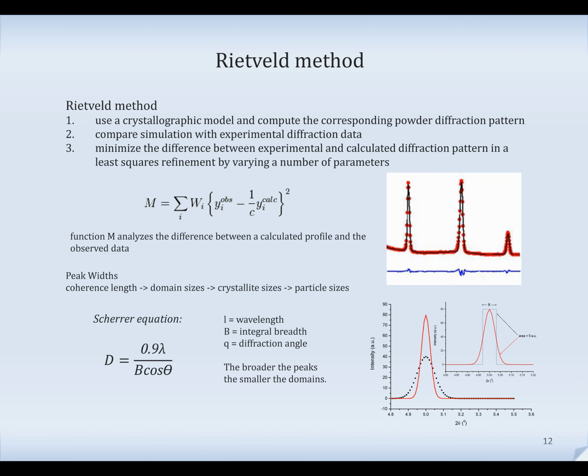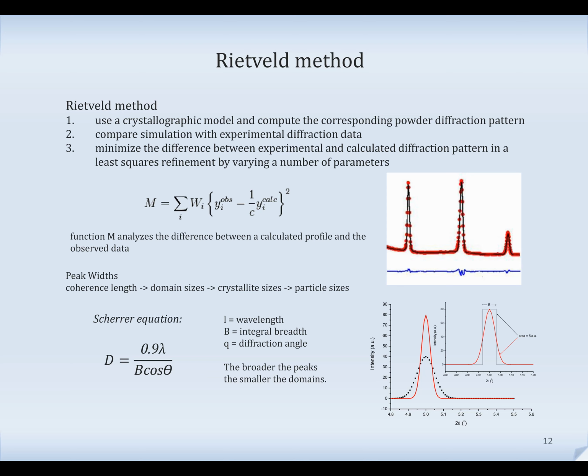So, knowing the diffraction pattern, you can get really important information about the particle size, about stresses, about some preferred orientation, and so on. I guess everyone knows the Scherrer formula, which is useful for estimation of the particle size.